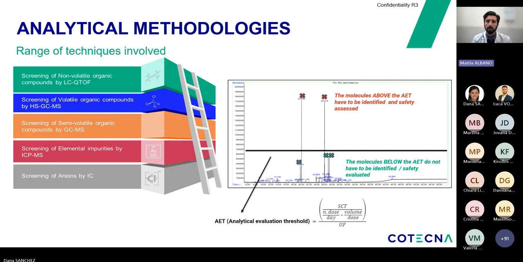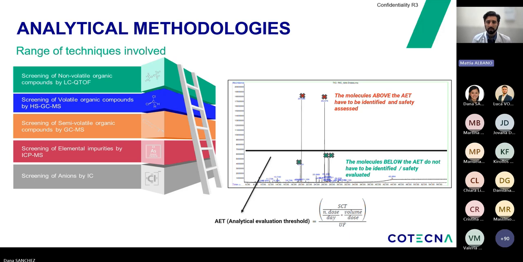So, speaking about the analytical part, an extractable and leachable study can be defined as a multi-determinative analysis that involves various techniques in order to detect different families of compounds, such as volatile organic compounds, non-volatile organic compounds, and semi-volatile organic compounds, detected with different techniques, for example, LC-QTOF for non-volatile, GC-MS for volatile and semi-volatile organic compounds.